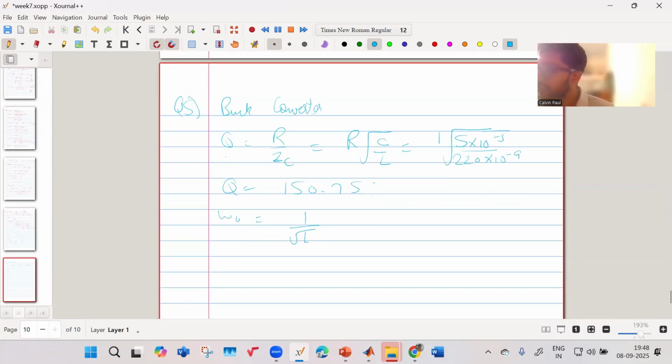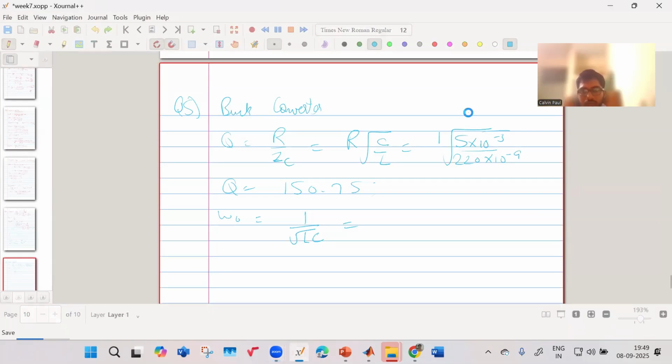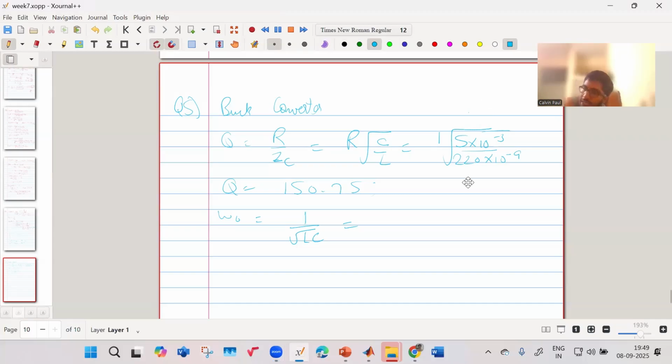What is your omega naught? That is 1 upon root LC. What is that value? So your L is 220 nanohenry and your C is 5 millifarad.